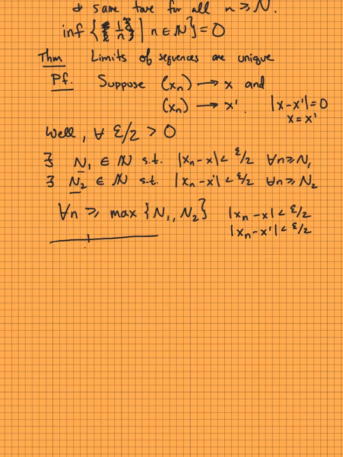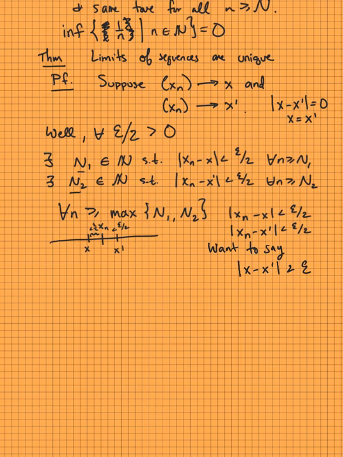We have x, x prime, and xn sitting in between, so that this distance is less than epsilon over 2, and same here. Sorry, the handwriting's getting small. So what we want to conclude is that this implies that |x minus x prime| is less than epsilon.